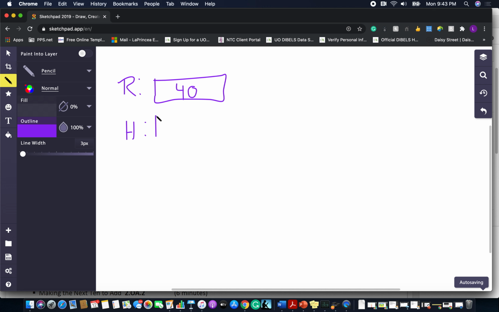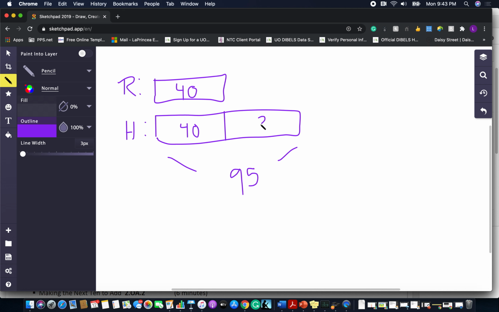So this entire piece here is 95 centimeters. I'm going to align this. Right here is 40. And whatever is here will get me to my whole, which is 95.